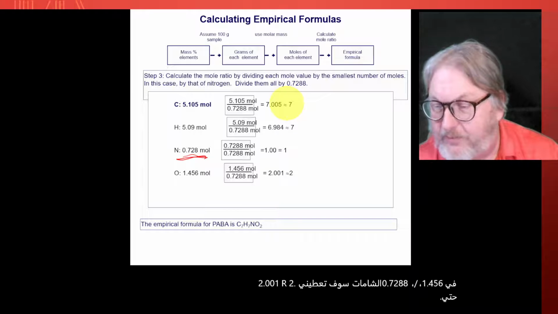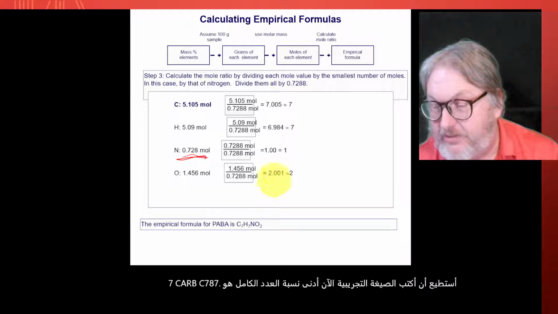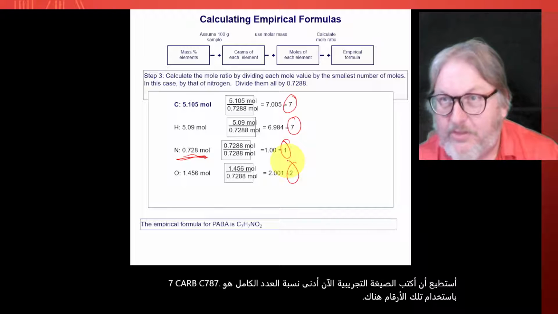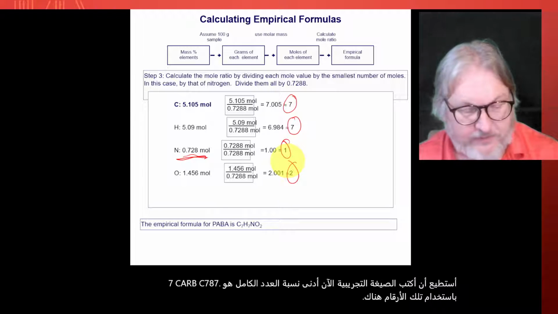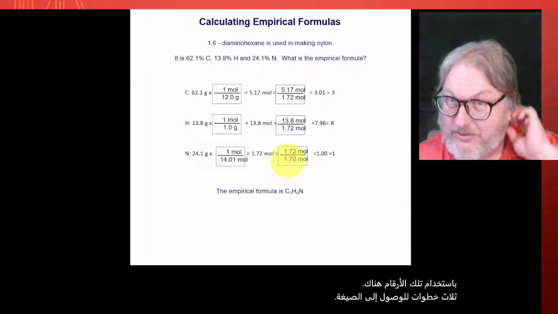The lowest whole number ratio is 7, C7H7NO2, using those numbers there. 3 steps to get to the formula. And y'all have got the tools to do it.